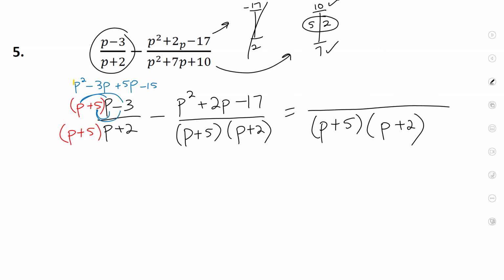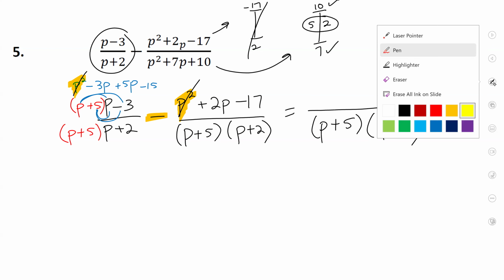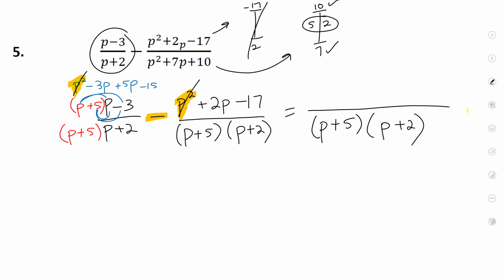What is p squared minus p squared? 0. So those canceled out. Okay, next. What is -3p plus 5p minus 2p?